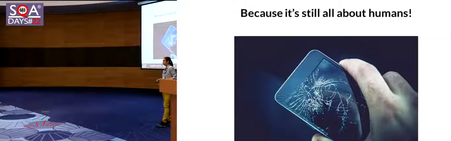No matter that the application is perfect, if the phone is destroyed, we cannot use the application. And in my opinion, we should also take into consideration such cases, that our users are human, we are human, so we should care about human behaviors, not only inside the application.